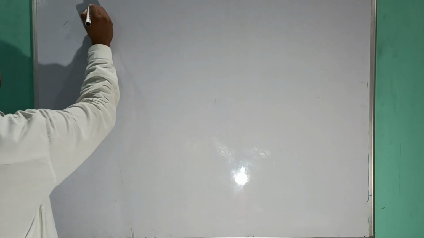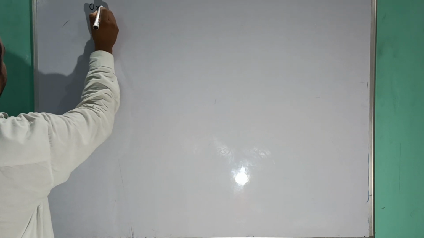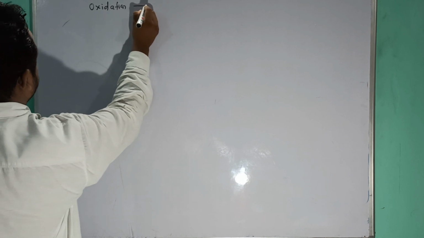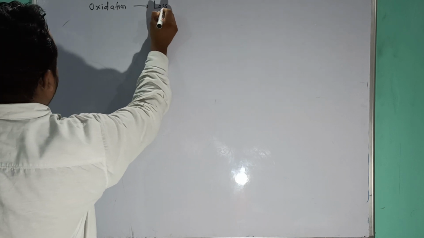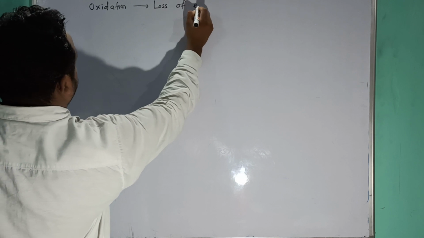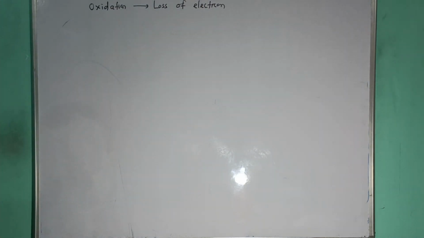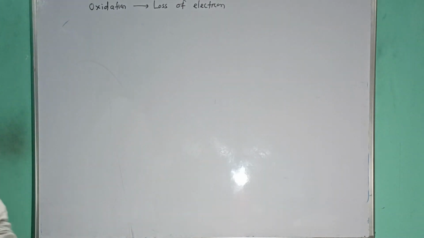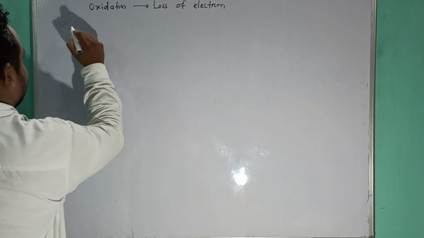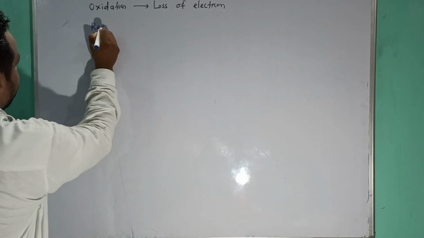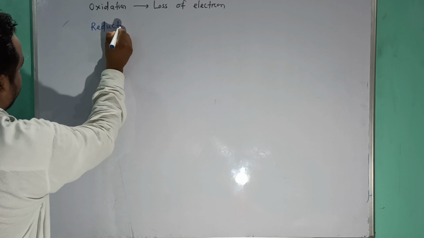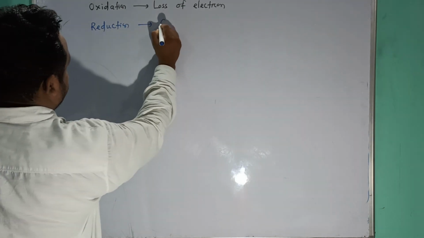What is oxidation in terms of electron count? Oxidation means loss of electrons. Clear? तुम लोग बोलोगे sir, what is electron? How is it lost? Reduction. What is reduction?